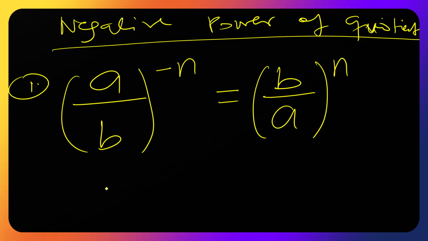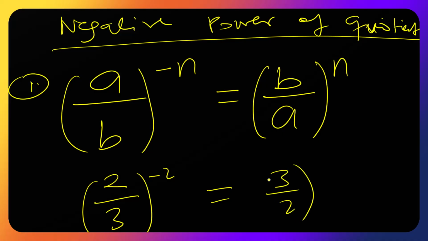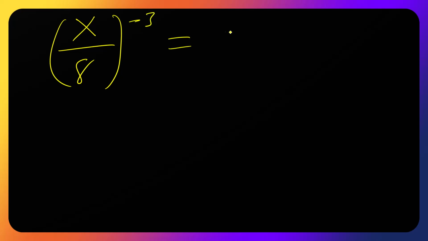So in dealing with this, let's say 2 on 3 all raised to minus 2 is the same as 3 on 2 all raised to 2. Okay, so x on 8 all raised to minus 3 is the same as 8 on x all raised to 3.